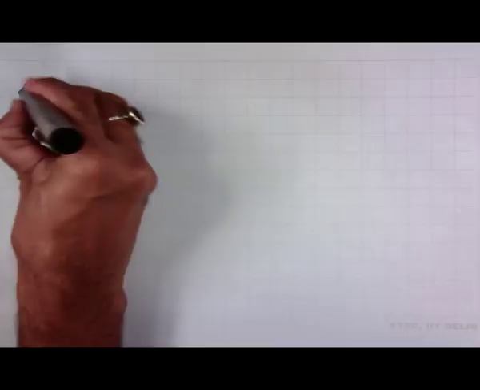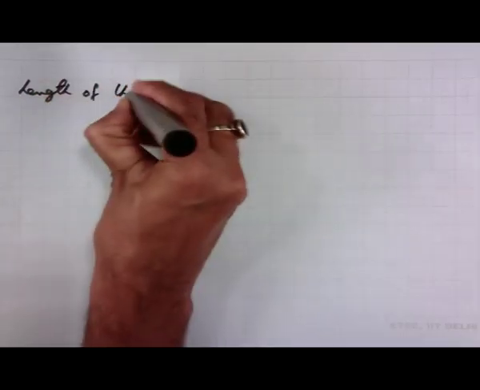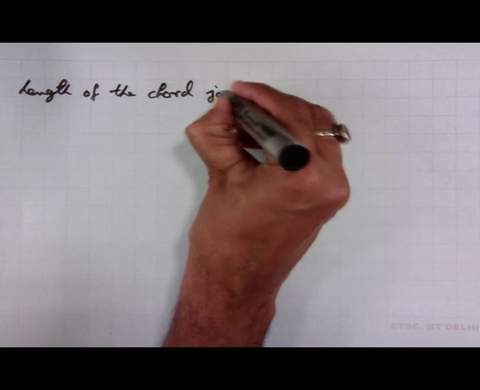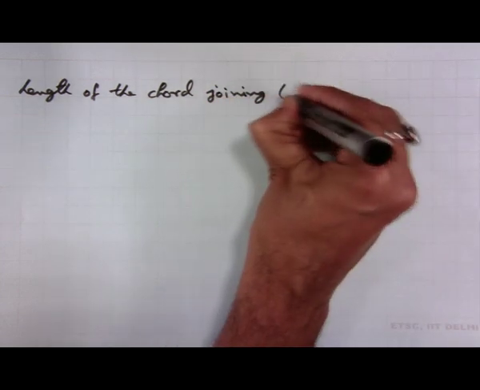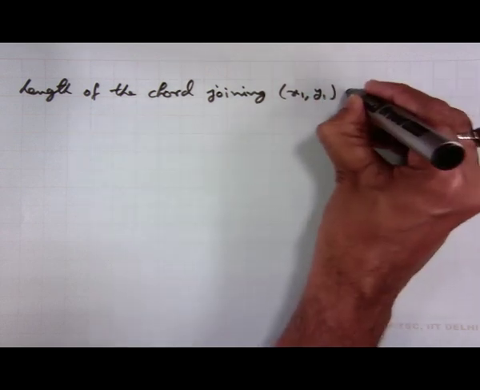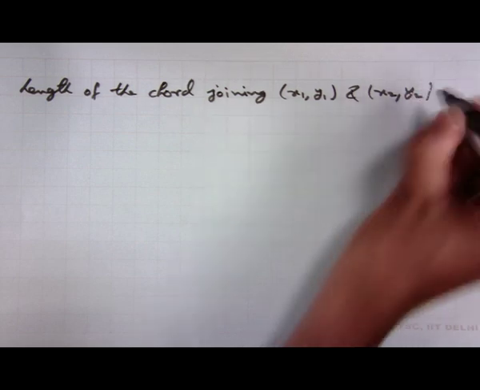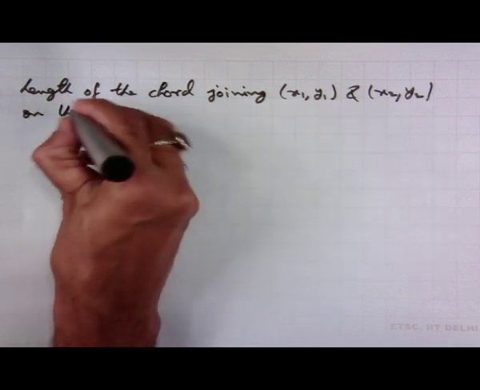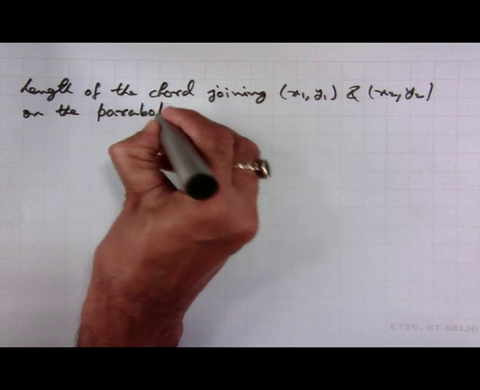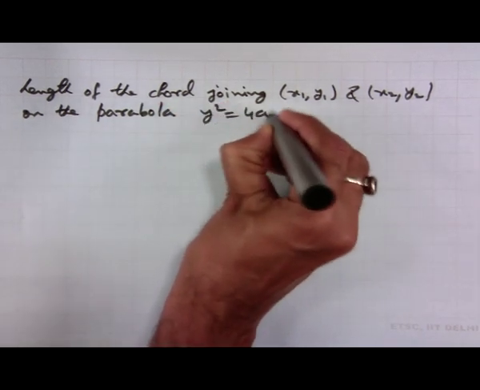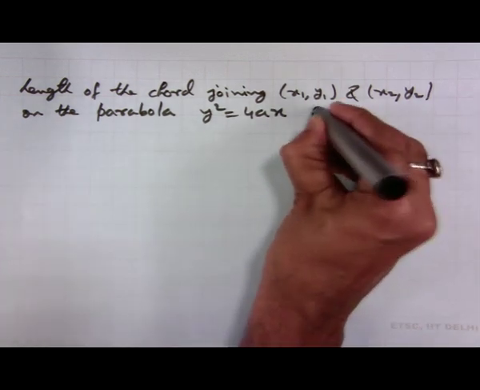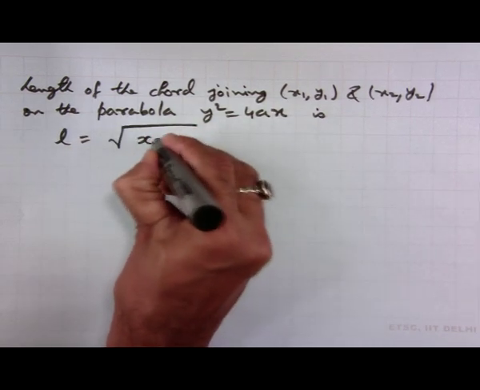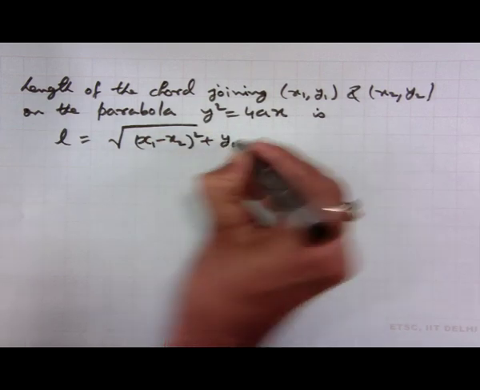So, the length of the chord joining x 1, y 1 and x 2, y 2 on the parabola y square equal to 4 a x is L equal to square root of (x 1 minus x 2) square plus (y 1 minus y 2) square.